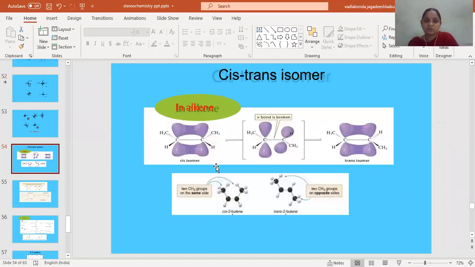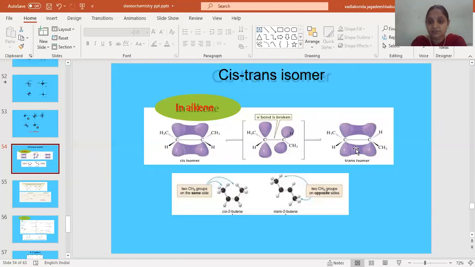Okay, now coming to the geometrical isomers nomenclature. In geometrical isomers, we have discussed that we have cis-trans isomers, meaning if similar groups are present on the same side of the double bond. Like here, if you observe, this is the carbon-carbon double bond, and two methyl groups are on the same side of the double bond, so this is known as the cis isomer.